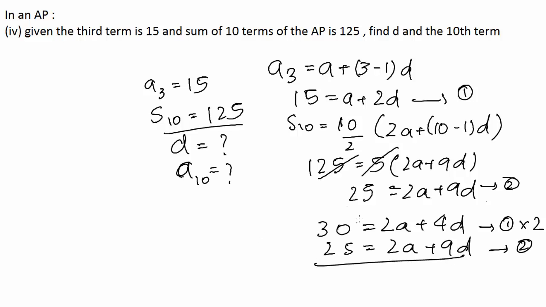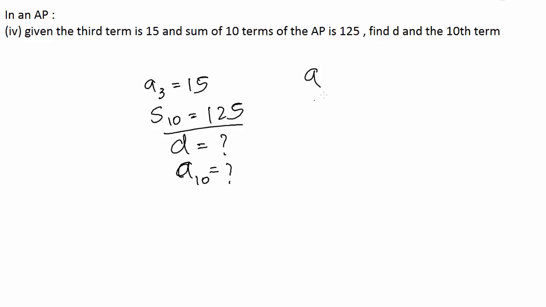Now when you subtract equation 1 multiplied by 2 minus this, you will get, let me subtract, these will get cancelled, and this will be 5 is equal to minus 5d. That is d is equal to minus 1.